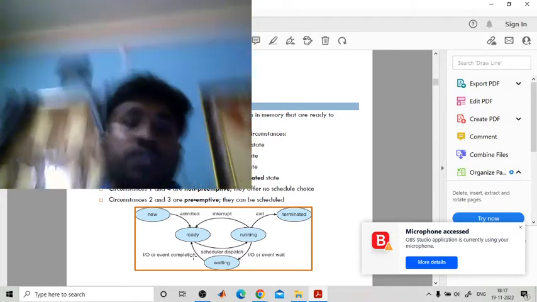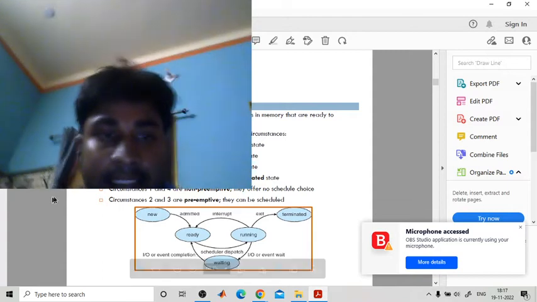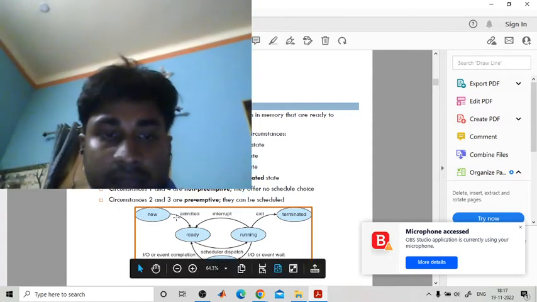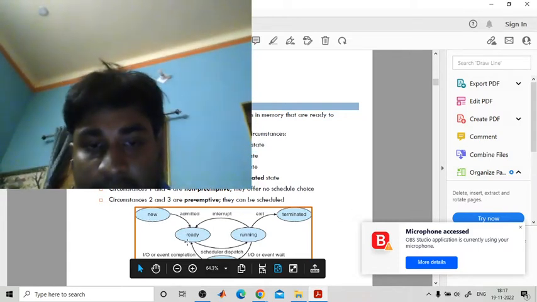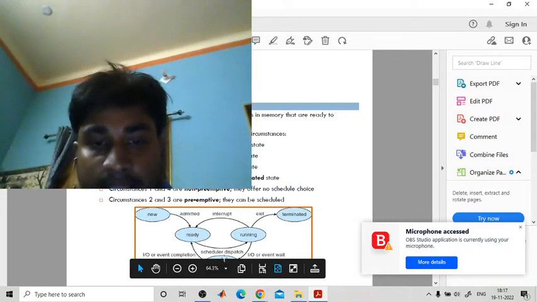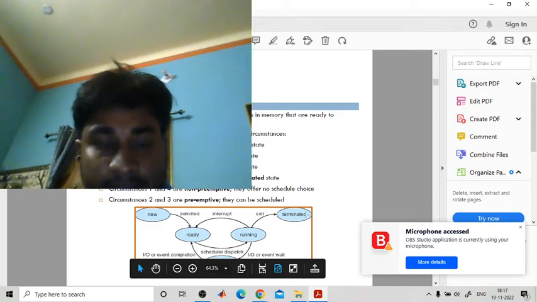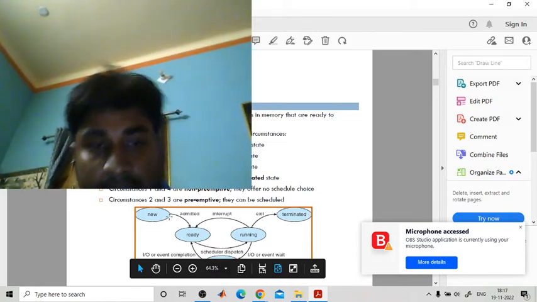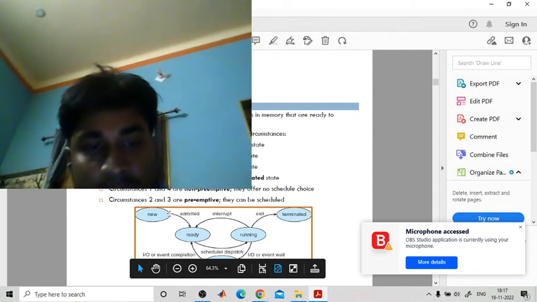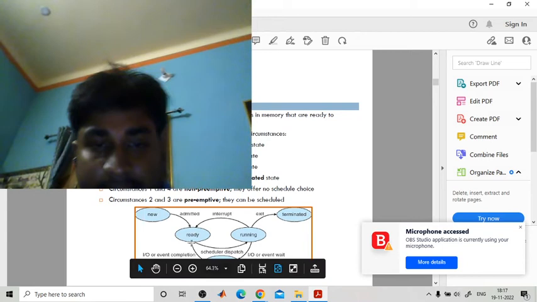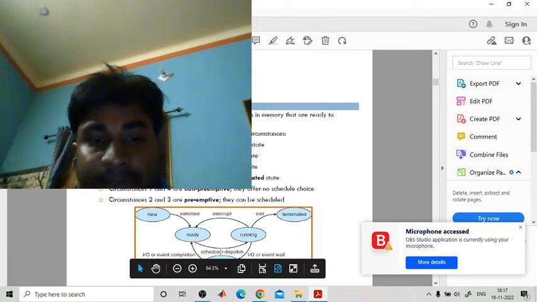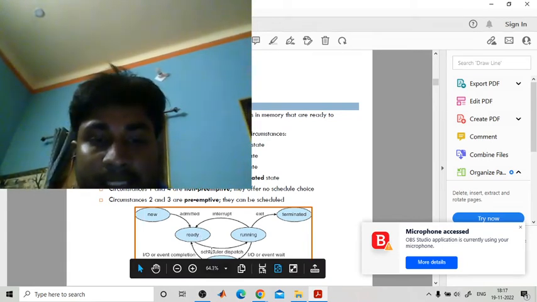First of all, the state. You can see the process state diagram, where we have new, ready, running, waiting, and then terminated. When the process is new, it goes to the ready state by being admitted, meaning the process is admitted from new to ready. From ready to running is called the scheduler dispatch.